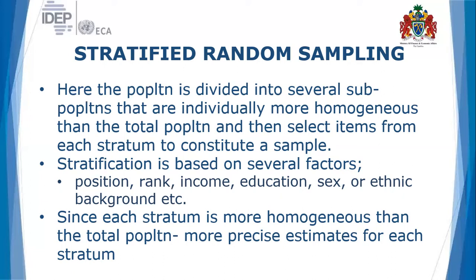That process of dividing the population into several small subpopulations is known as stratification. And this stratification process is done based on several factors. This could be position or rank or income, education, sex, and any other factors of interest that would make these groups more homogeneous in a particular stratum.